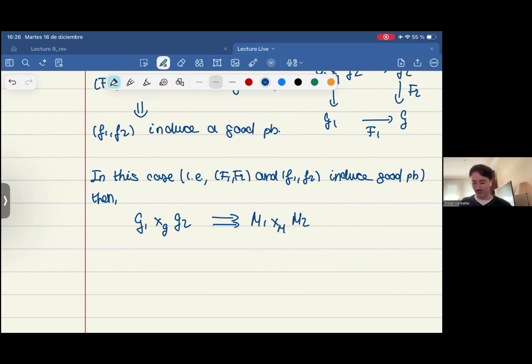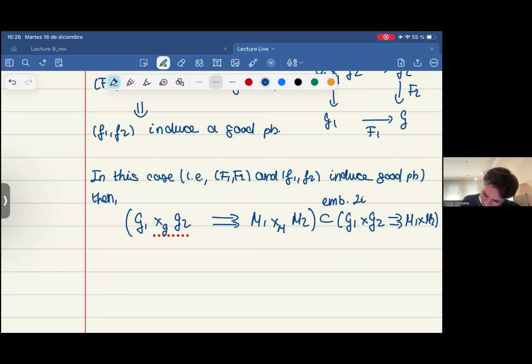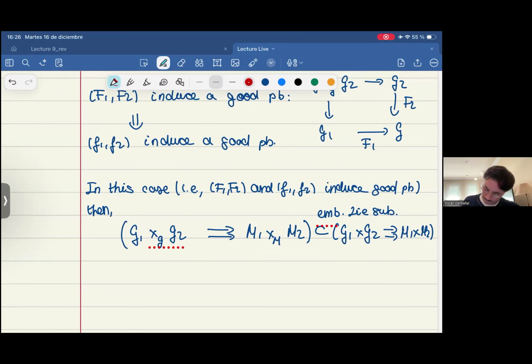So this is a Lie groupoid, provided that both capital Fs and small fs induce good pullbacks. But the important thing is that this thing here is an embedded Lie subgroupoid of this groupoid over the product of the bases. And it satisfies the universal property.